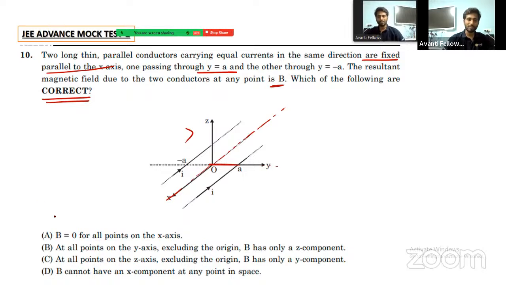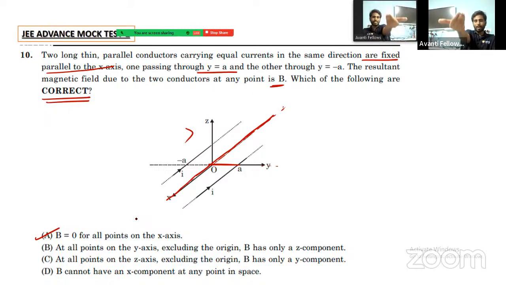First one, they're saying B is equal to 0 for all the points on the x-axis. देखो इधर, x-axis इधर है. Now A and B दोनों सेम डिस्टेंस में, ऊपर फिंगर रखो, ऐसे क्रॉस करो.